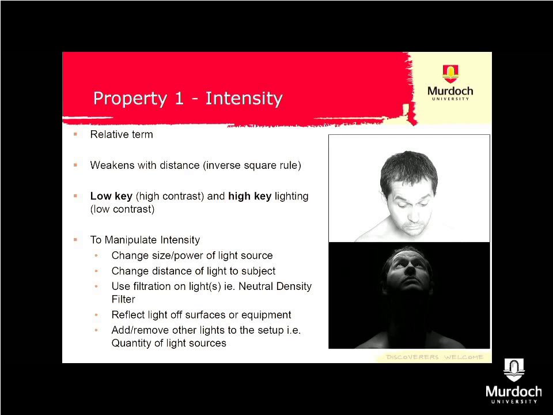That's not necessarily the same as the exposure that's created by that particular light, but the strength of the light itself. It's a relative term, and it weakens with distance according to something called the inverse square rule. And what that means is, in a nutshell, without going into the maths, a very small movement in a light will create a big difference in the amount of exposure, or the strength of that light, or the intensity of that light.